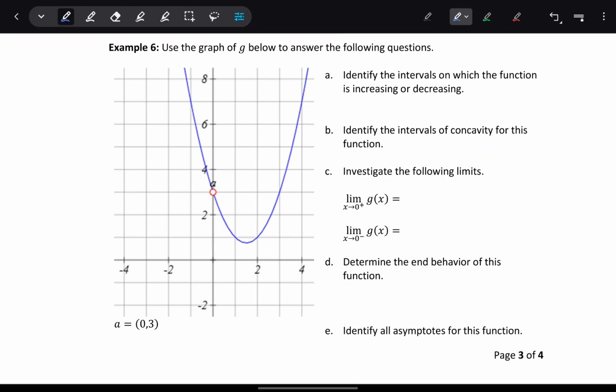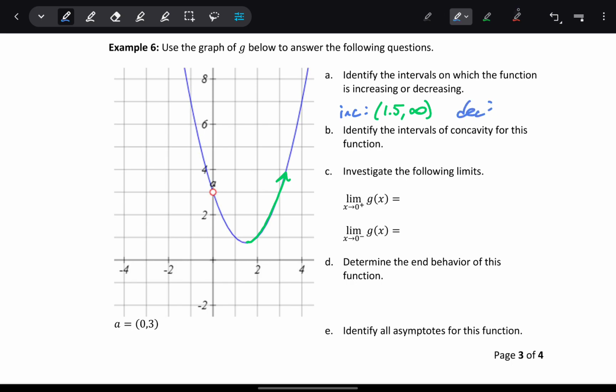In example 6, again, we want to identify intervals of increase and decrease. This function is increasing from this local minimum up to infinity. That's at about x equals 1.5 to infinity.